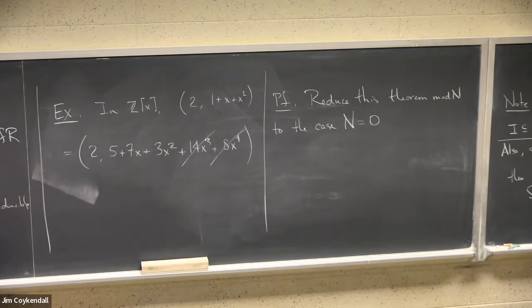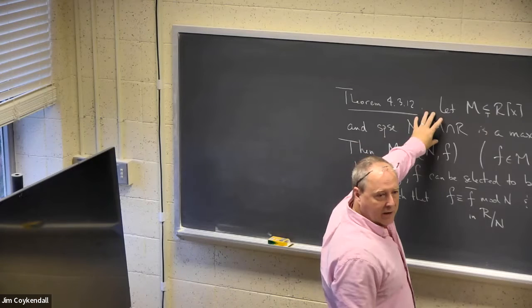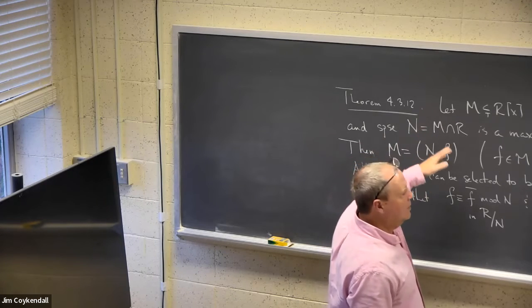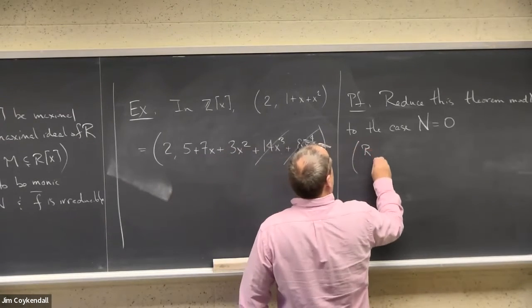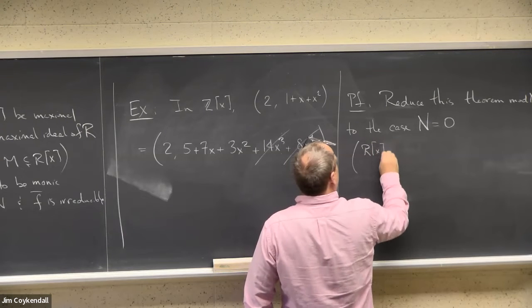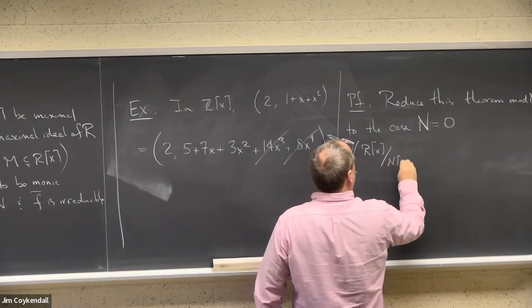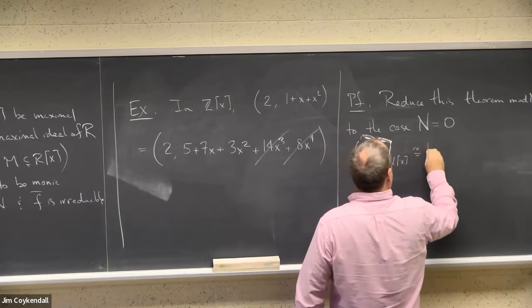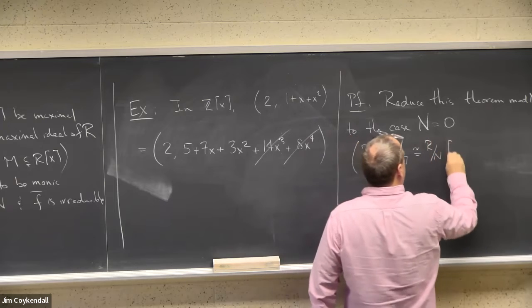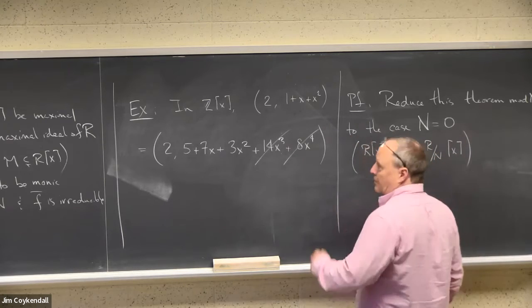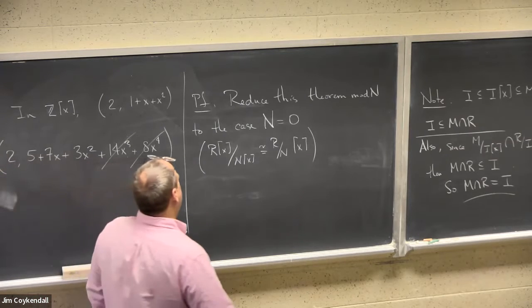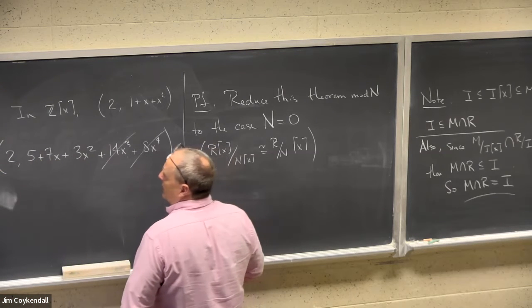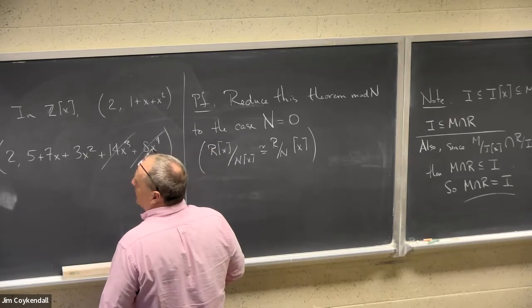So start off your theorem here. You've got this maximal ideal. N is the intersection here. When I say reduce mod n, what I mean is I pass to the quotient, and the role of my maximal ideal M.